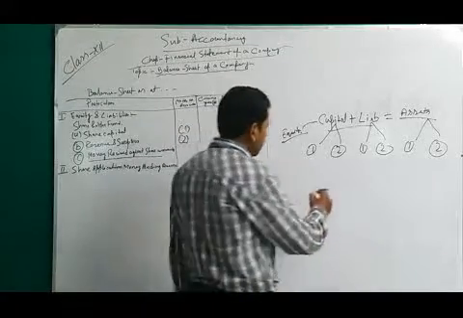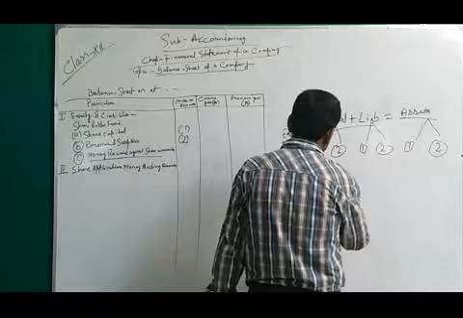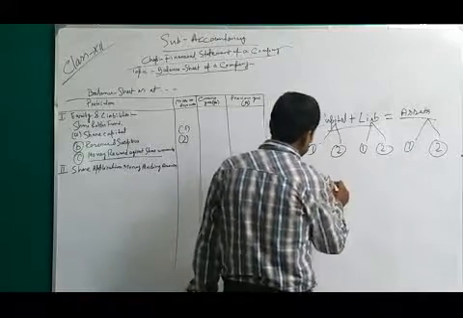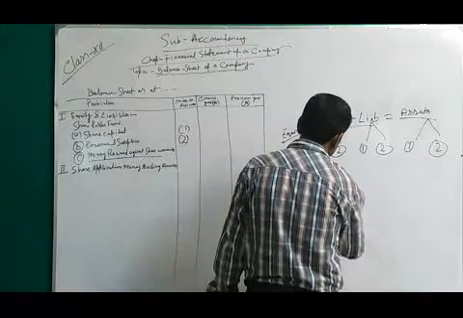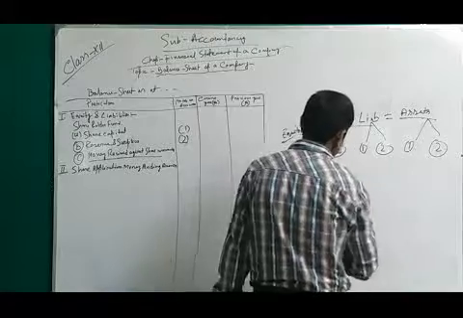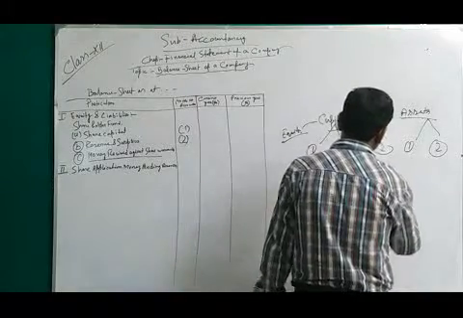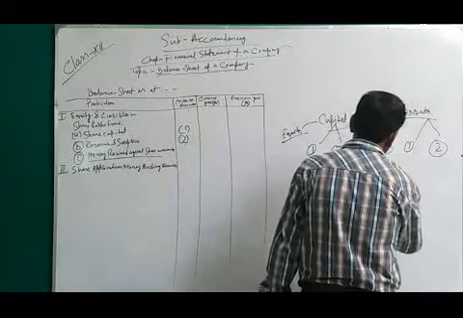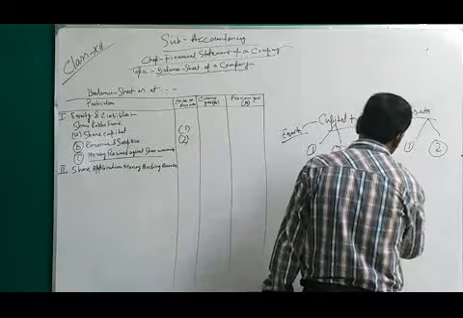How does it happen? Suppose you issue the share in March 2020, and on 31st March you close your accounts.